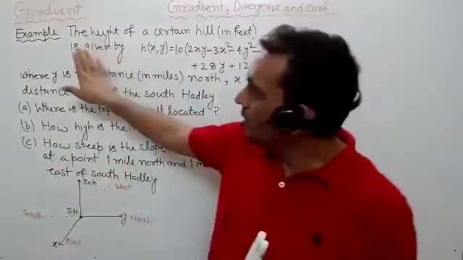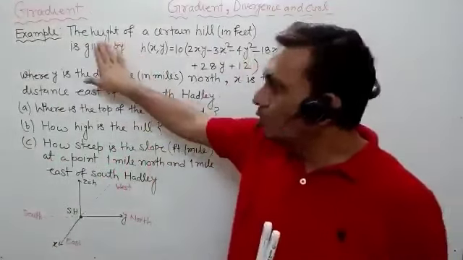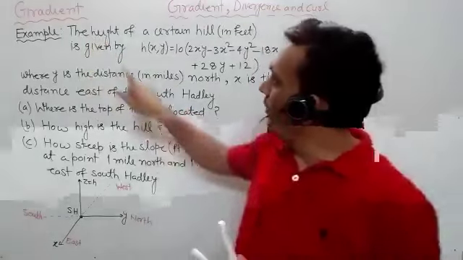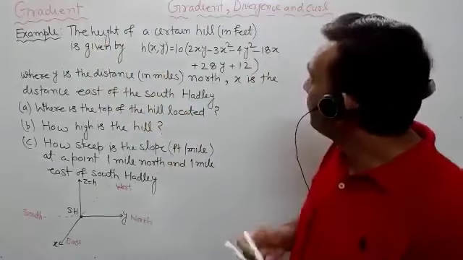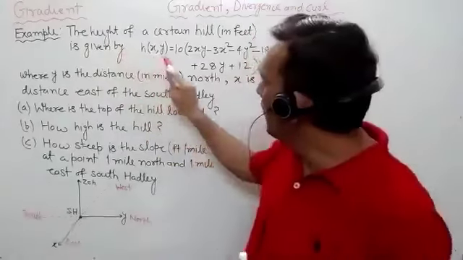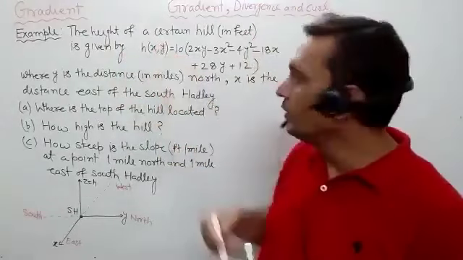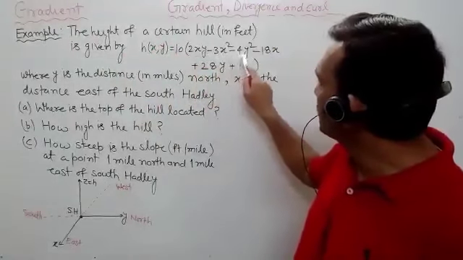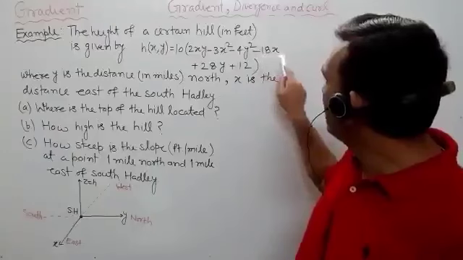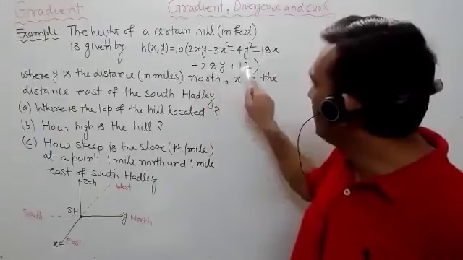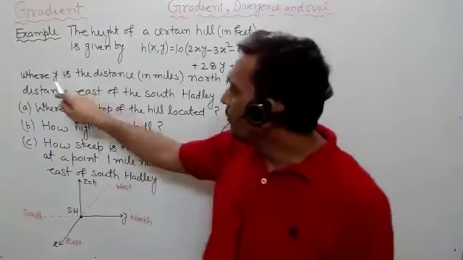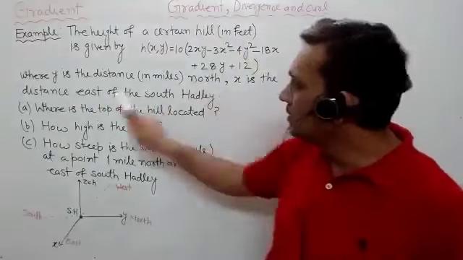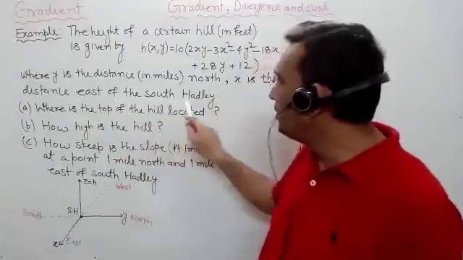So I think you have noted down this example: the height of a certain hill in feet is given by h, a function of x and y. So this is h(x,y) = 10(2xy - 3x² - 4y² - 18x + 28y + 12), where y is the distance in miles north and x is the distance east of South Hadley.